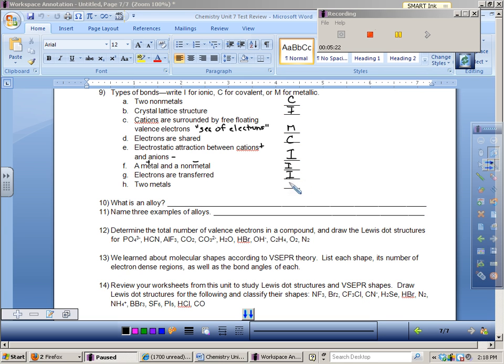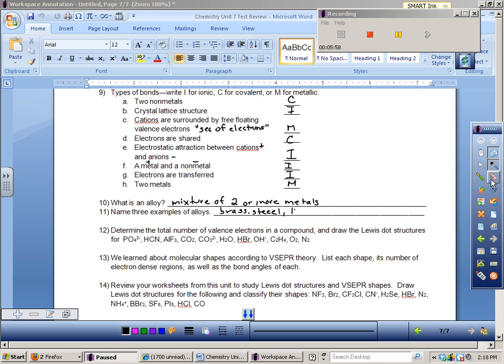Between two metals, we're going to have a metallic bond. What's an alloy? An alloy is going to be a mixture of two or more metals. And there's lots of examples you could use for the alloy. We talked about brass. We mentioned steel. Whoops, too many E's there in steel.